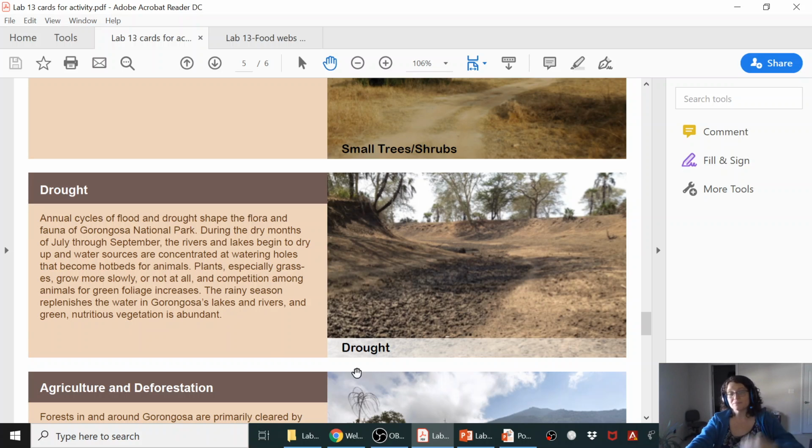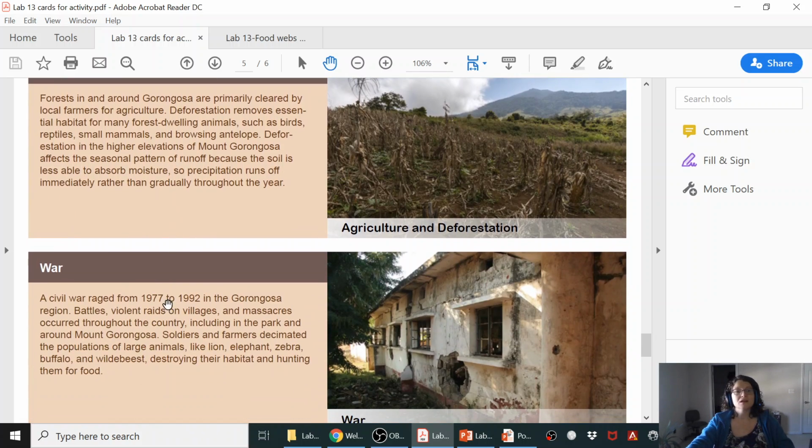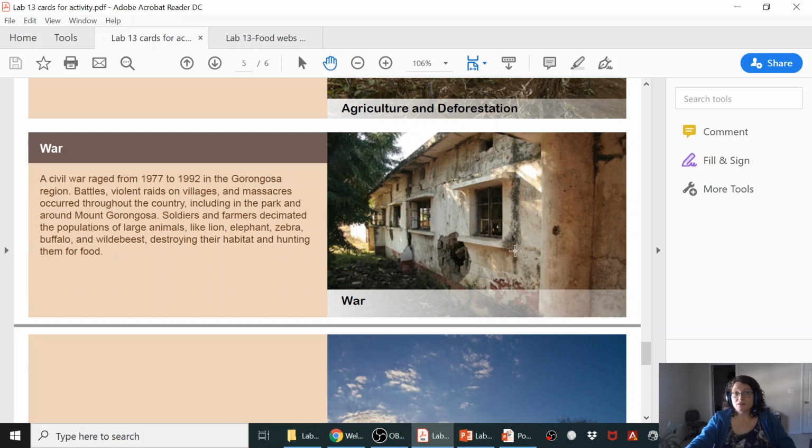That's the bottom up. Agriculture and deforestation has a similar thing, but look at what it does, okay? Essential habitat for, look at which things it's impacting and see if that's part of your food chain, okay? War. War is an interesting one because it's not impacting as much of the ground.